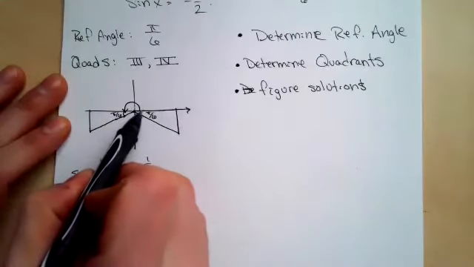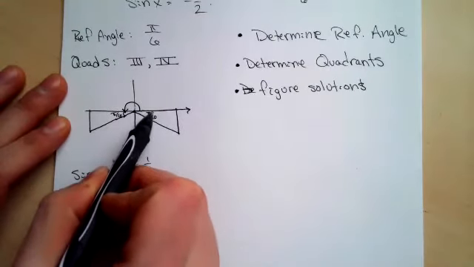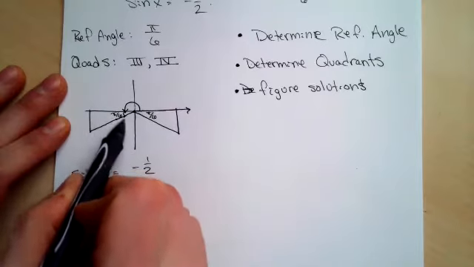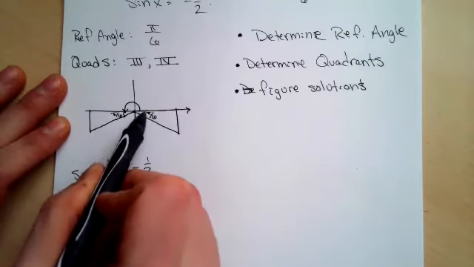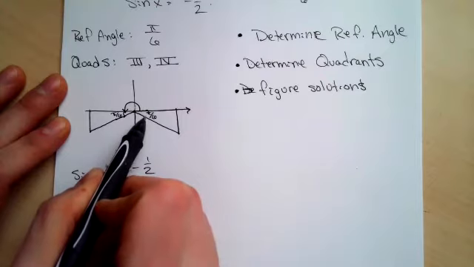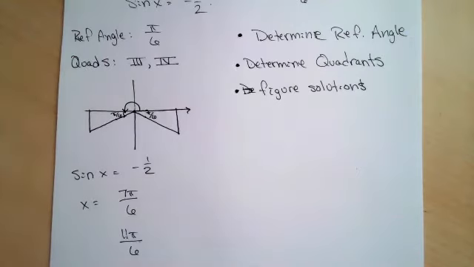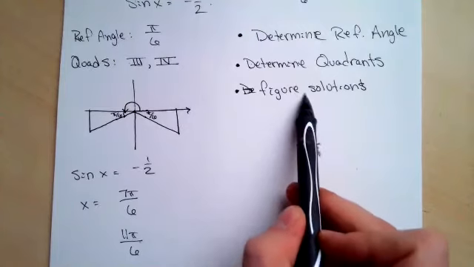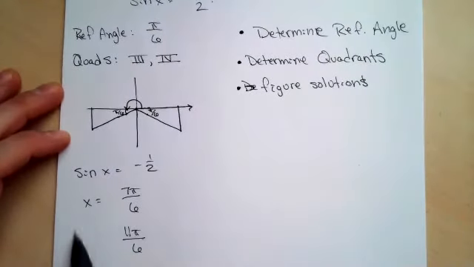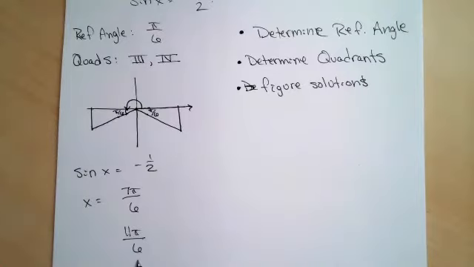And then the second solution, how do we count this angle? Well, one way to do it is we go all the way around the circle, 12 pi over 6, and then back 1. So we are at 11 pi over 6. With this step, maybe we should have said, figure the initial solutions, because this isn't the general solution.